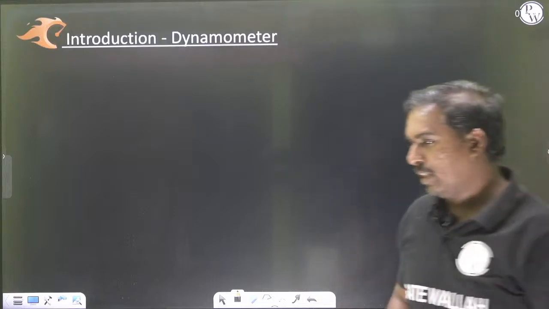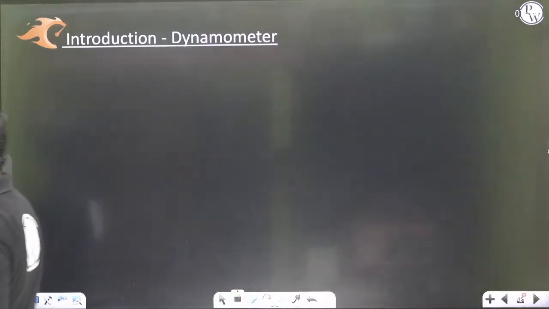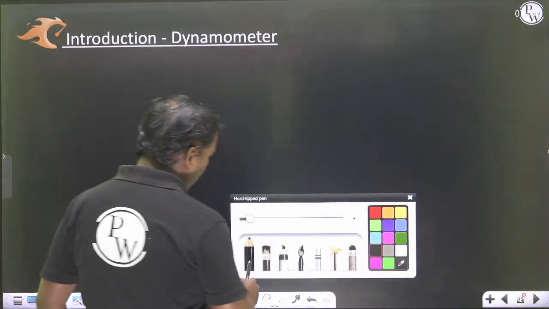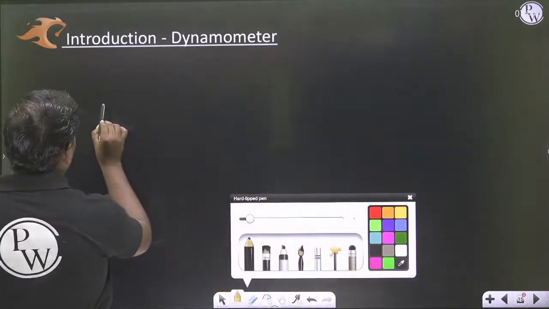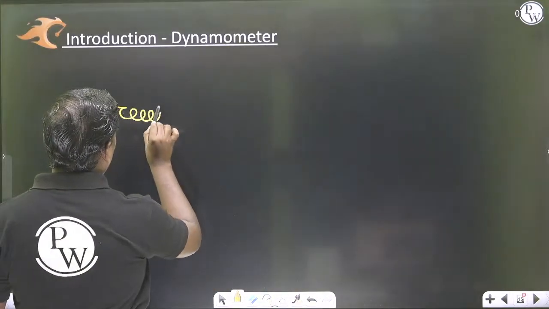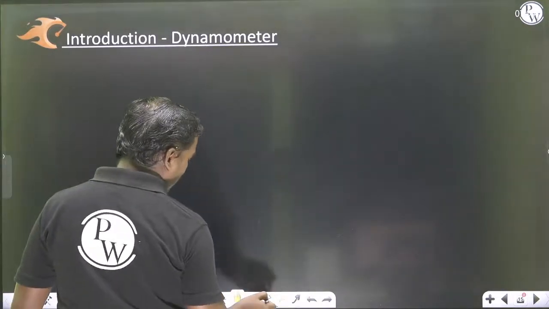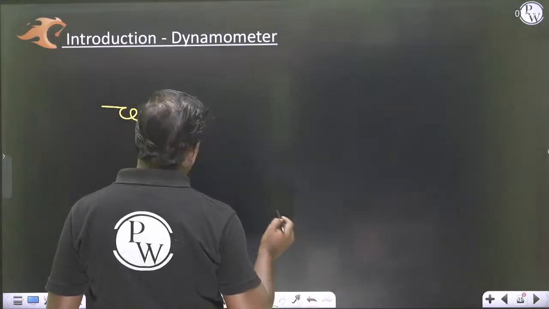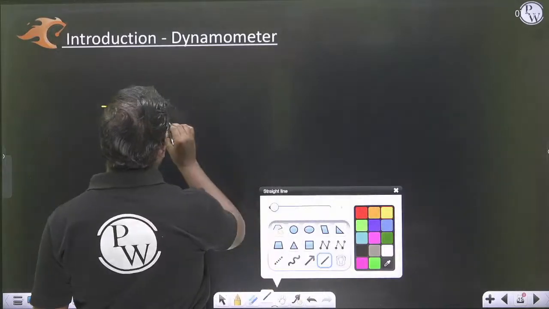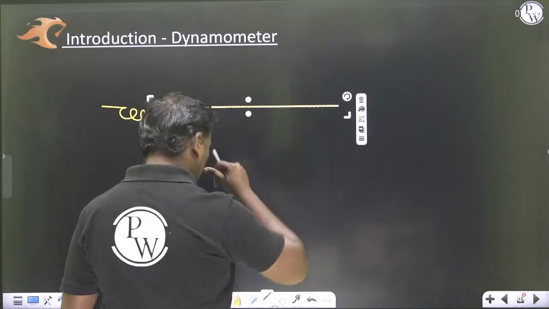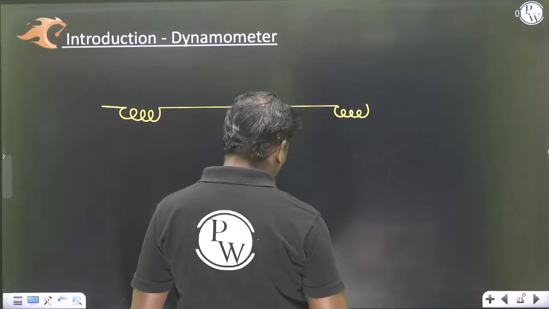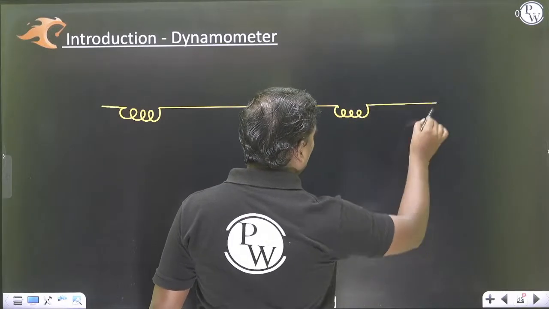Okay, if you see the construction of the dynamometer, the basic construction of the dynamometer has two fixed coils. So this is fixed coil 1. So this is the load.